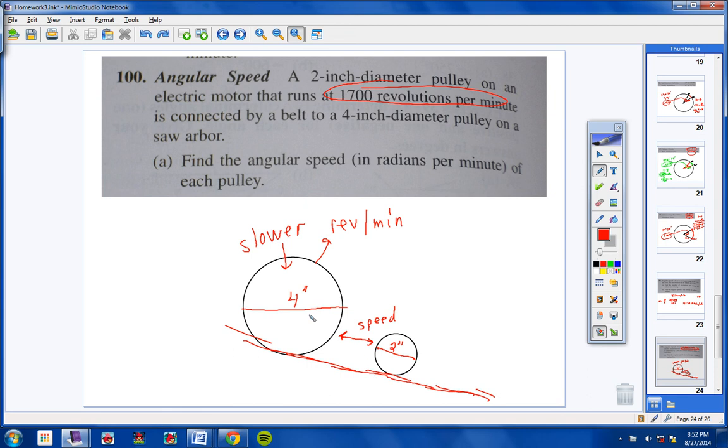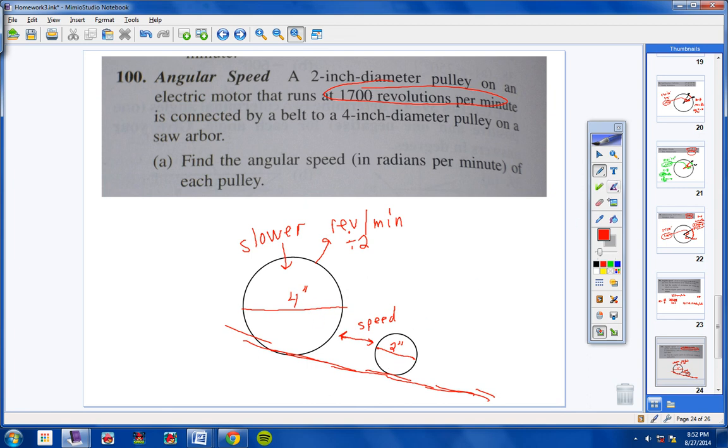So the bigger one's going to move slower because it covers more ground in 1 revolution, and because it covers twice as much ground, its revolutions are going to be cut in half. So because the diameters are cut in half, or twice as big, however you want to look at it.